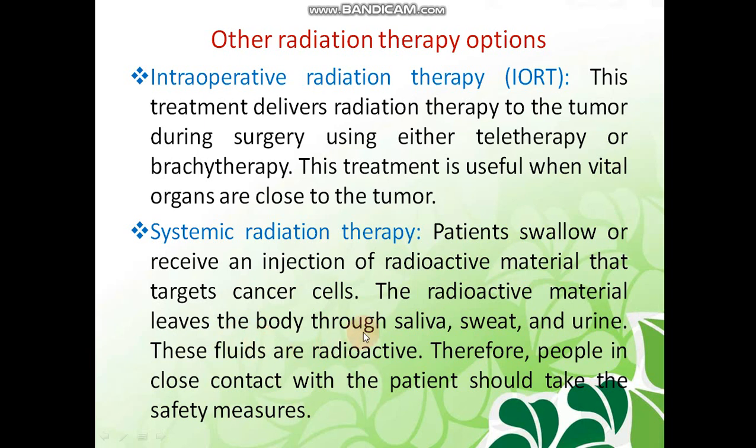The patient has swallowed it or we have injected it; will it go out? Yes, it will go out, through saliva, sweat, or urine. So those of us staying with these patients should not touch these things. Precaution should be taken, as these fluids are radioactive. Therefore, people in close contact with the patient should take safety measures.